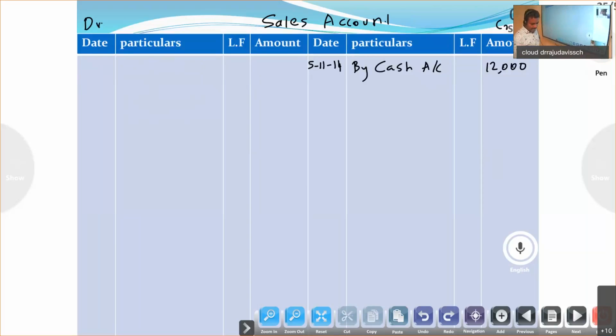Next, any other sales? Which date? 15th. Yes, 15th, also one sale is there by cash account. By cash account amount is 15,000. Next, any other sale?